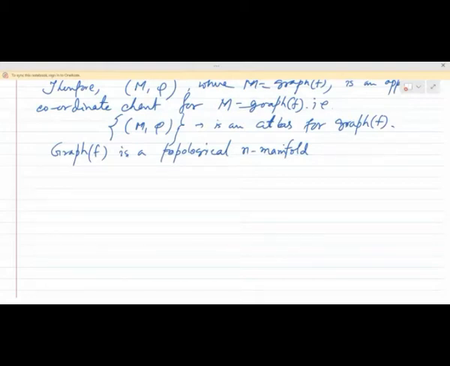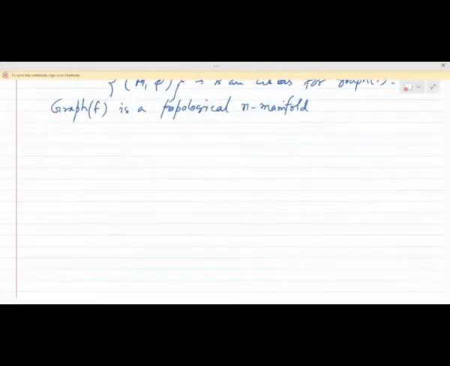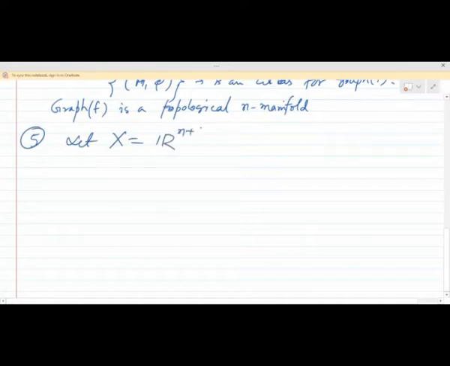So you will always have this example at your hand. Let me start with the space. Suppose that X is Rn plus 1 punctured at 0.